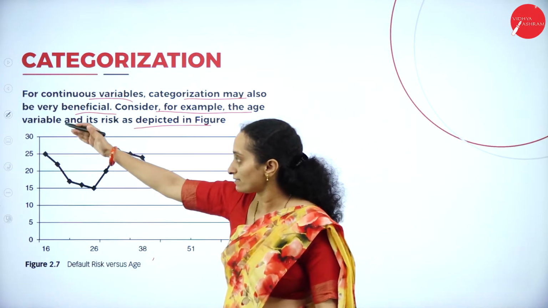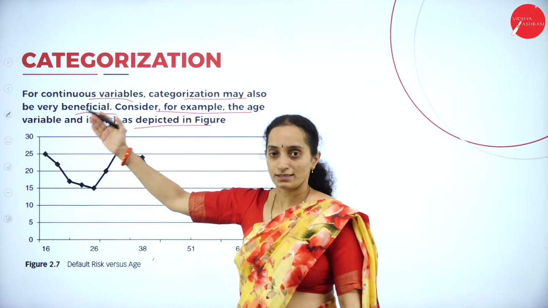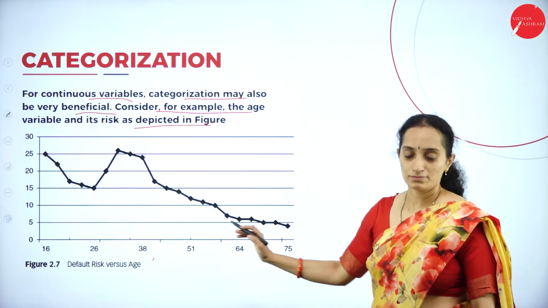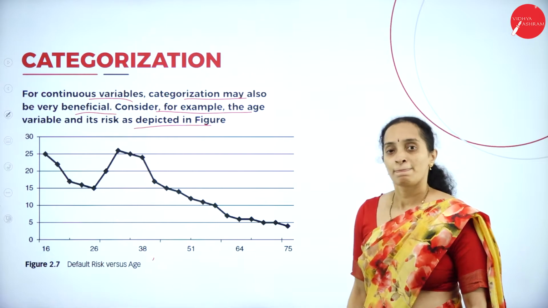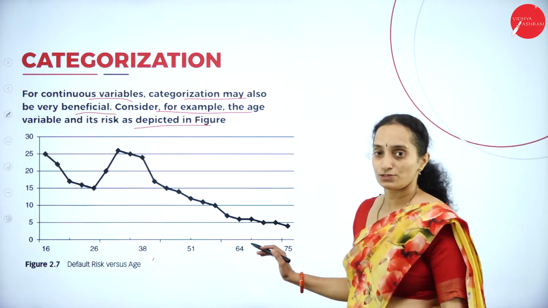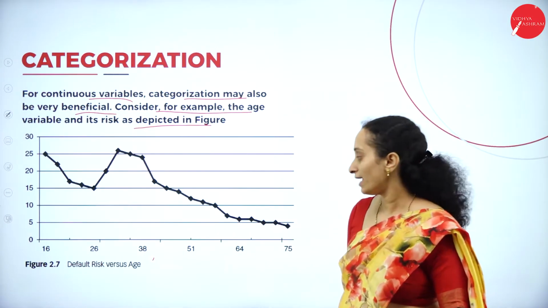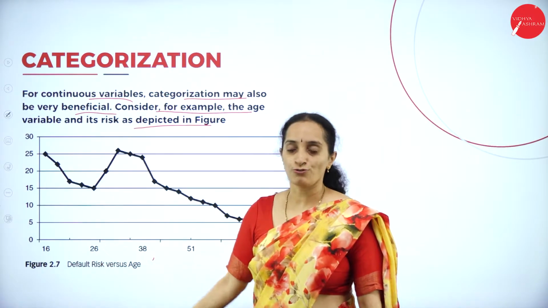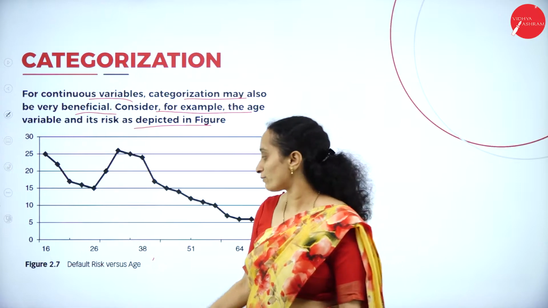Sometimes the risk will be more at the 16th age, maybe minimum as you continue with the same values or continue with the ages. So risk will be less when you are at the age of say 25, 23, 24.